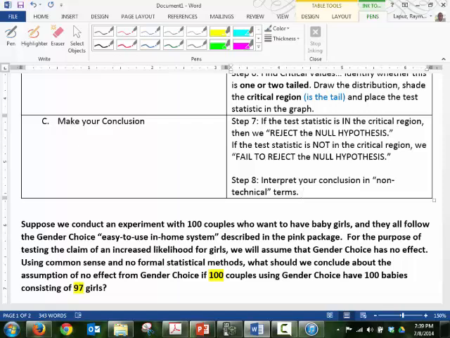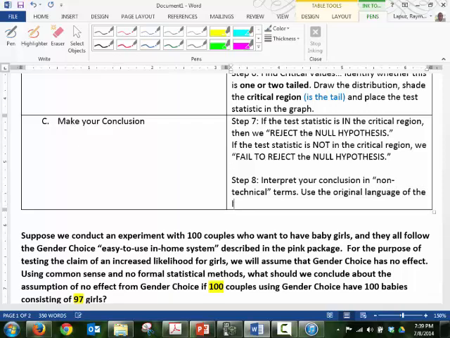We want to use the original language of the claim, or the original language of the problem. And for this one, it gets a little tricky to try to write it in non-technical terms.